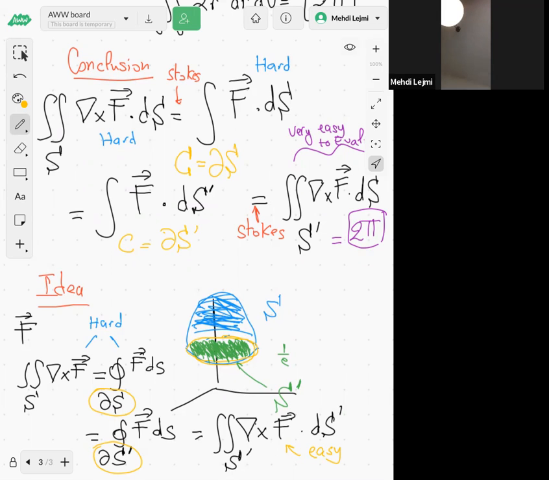So if they have the same boundary, it means that this vector line integral is going to be the same because it's along the same path. But then you use again the Stokes theorem, so that would be the double integral over this S prime. So that would be a different integral to evaluate, and sometimes it turns out to be easier than the initial one, right?